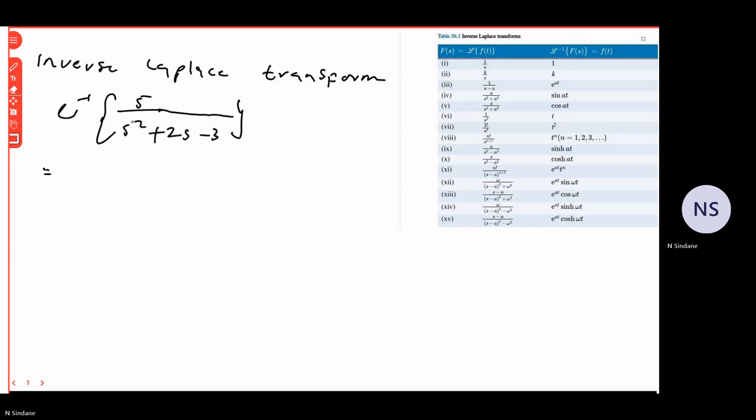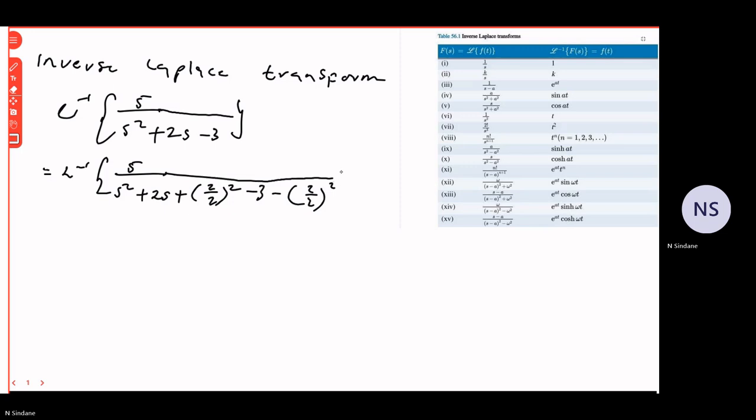So let's do that. I have the Laplace inverse of 5 over s squared plus 2s plus (2 over 2) squared minus 3 minus (2 over 2) squared. Mathematically, I've done nothing, because these two cancel and give us 0.